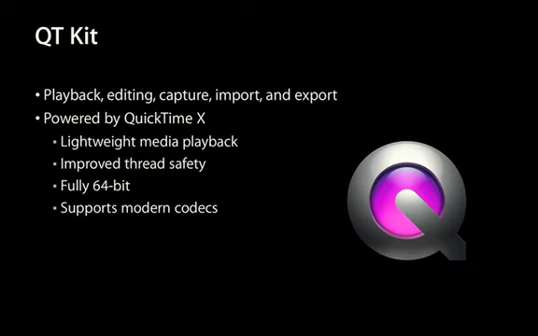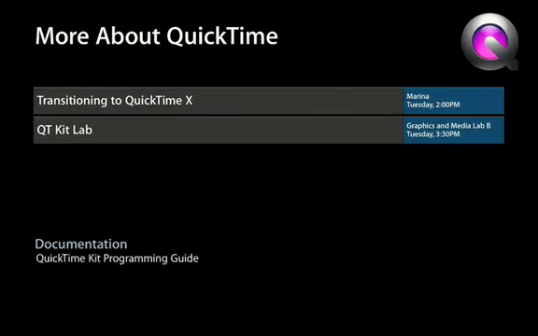And what's exciting about QTKit is that in Snow Leopard, it's built on top of QuickTime 10. QuickTime 10 is a lightweight media playback framework with improved thread safety. It's fully 64-bit, and it supports modern codecs. You can learn more about QTKit and QuickTime in Transitioning to QuickTime 10, which takes place in the Marina today at 2 p.m.